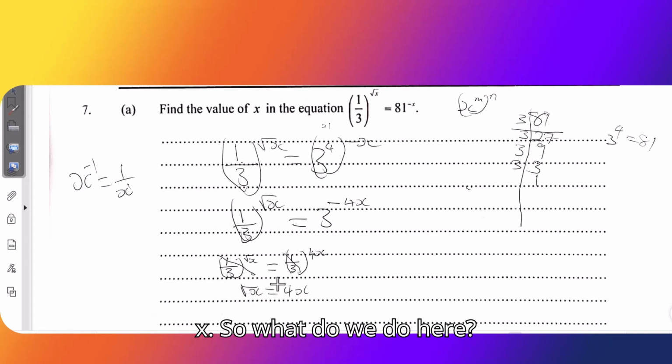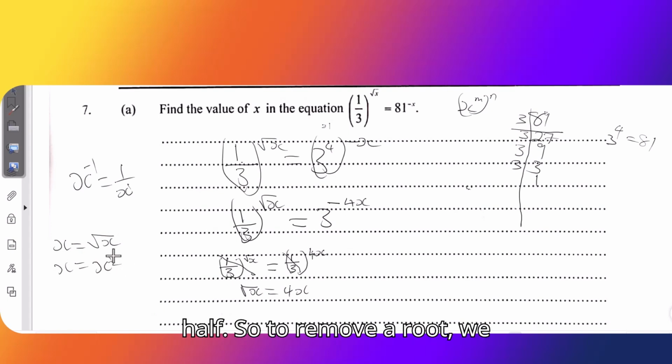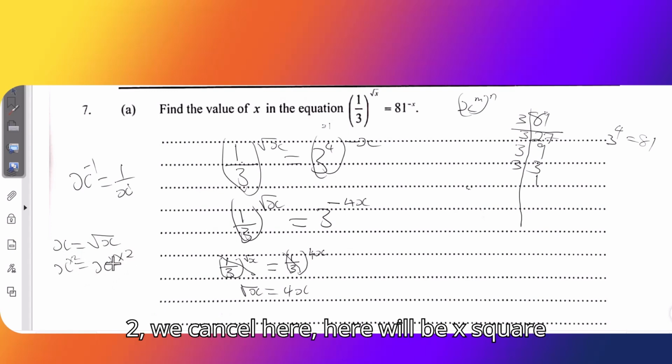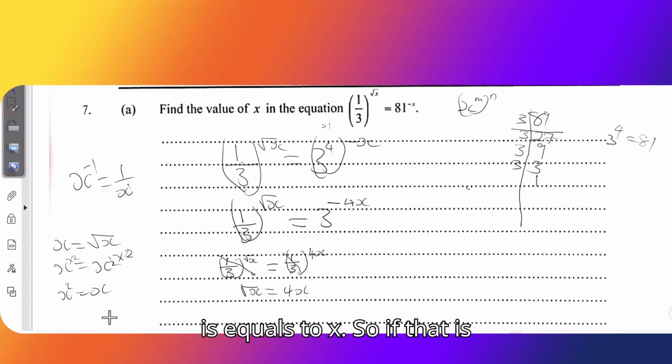So what do we do here? To remove a root, for example, if we have x is equal to square root of x, it means x is equal to x power half. So to remove a root, we multiply both sides by power 2. We cancel here, and here will be x squared is equal to x.